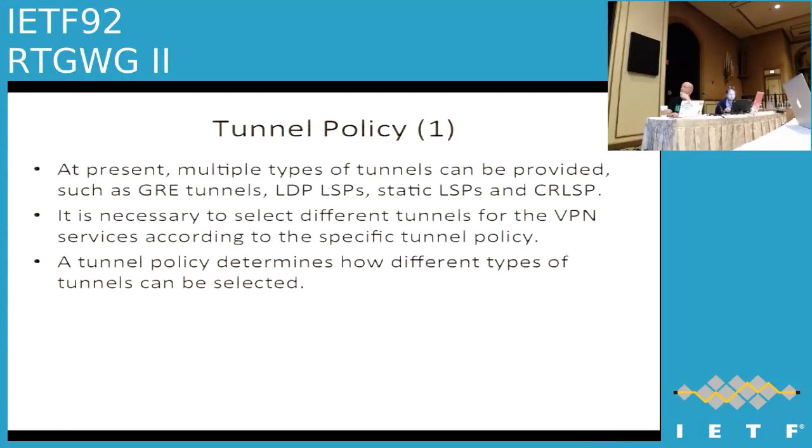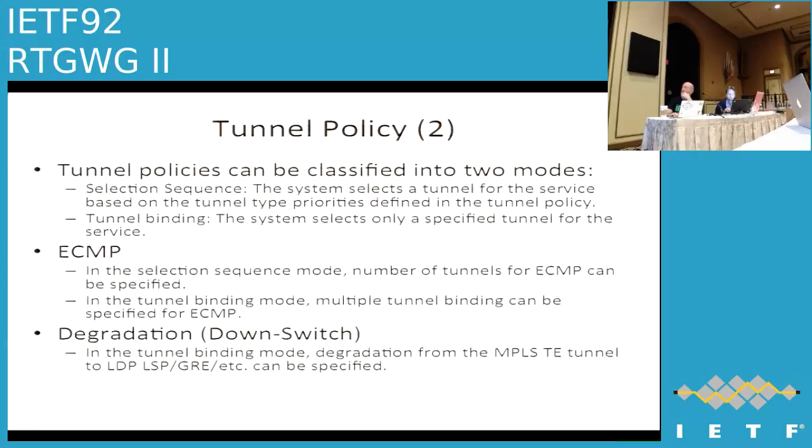Here we propose two modes for the tunnel policy. The first one is a random choice of the tunnels. This means there's no difference between the tunnels, but because this is a random selection, there's a priority for the tunnel to be selected. So here we define this as a selection sequence.